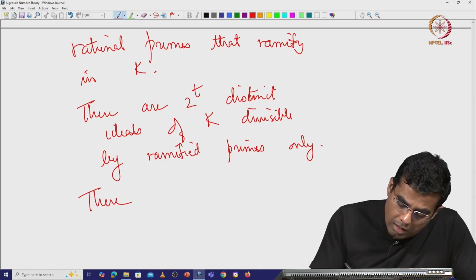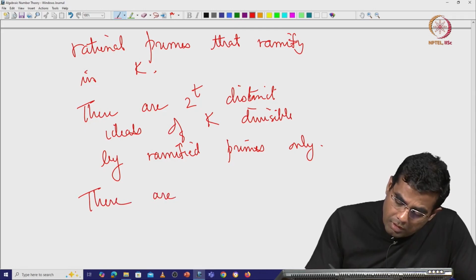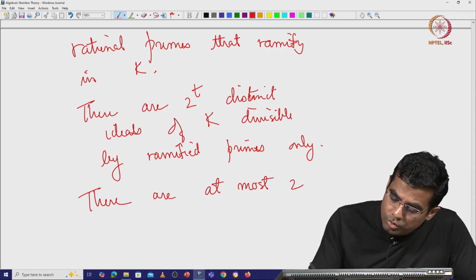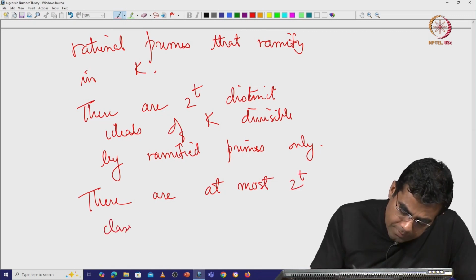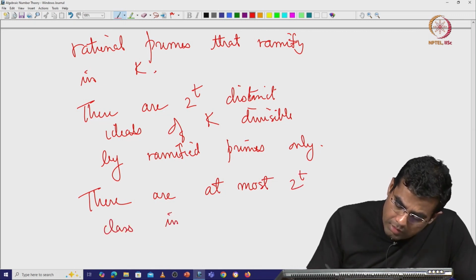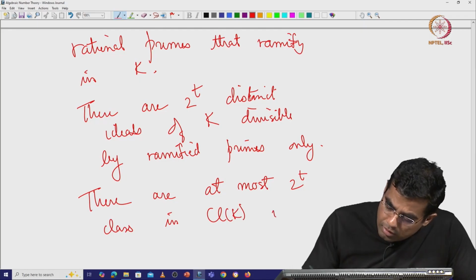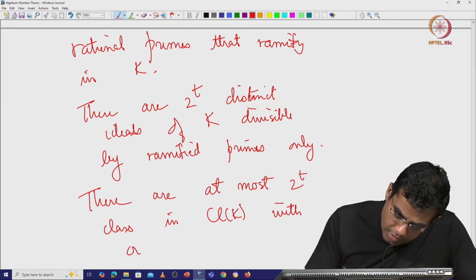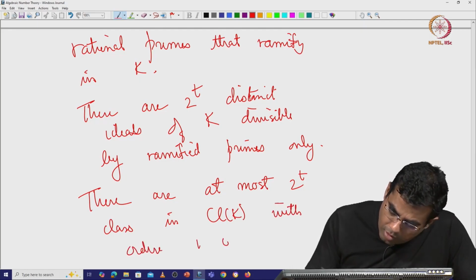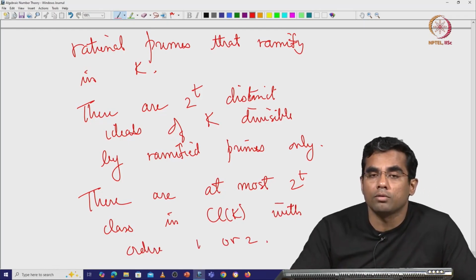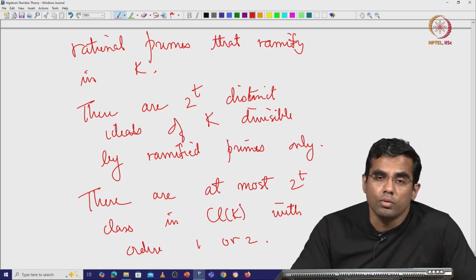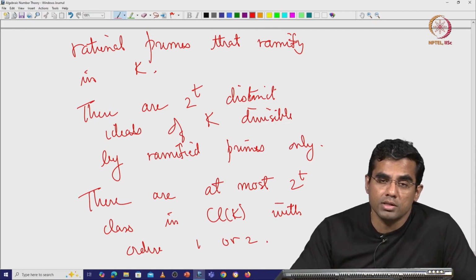So there are at most 2 to the t classes in CL_K with order 1 or 2, right. Why not exactly 2 to the t? Well, some of these classes could be the same, right.